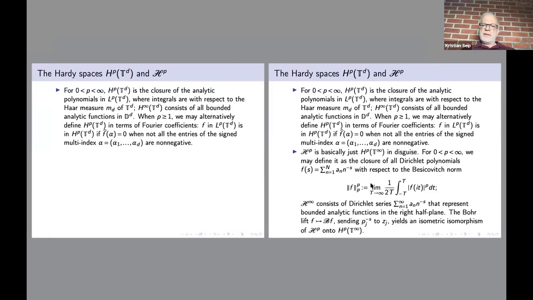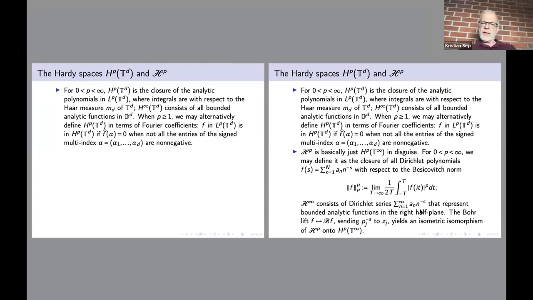I said that these spaces of Dirichlet series, when the dimension is infinite, are just the previously defined H^p spaces in disguise, and the way to see that is to set up a map from Dirichlet series to power series in infinitely many variables, where you take p_j^(-s), p_j being the jth prime, and send that to the variable z_j. Then, by the fundamental theorem of arithmetic, you formally get from a Dirichlet series to a power series in infinitely many variables.